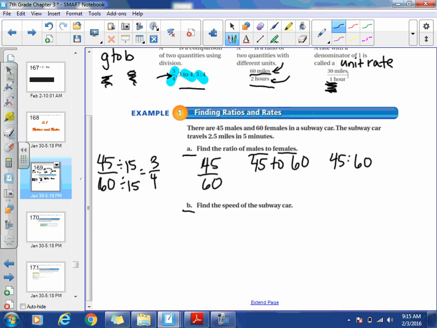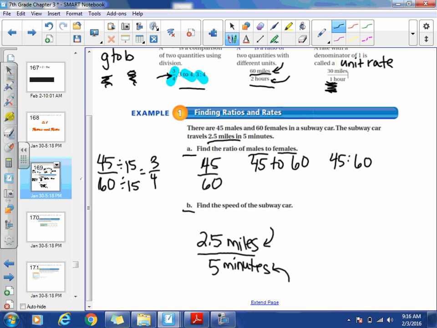Part B, find the speed of the subway car. Okay, so we know the subway car travels 2.5 miles in 5 minutes. That is a ratio because it's comparing two quantities, but it is also a rate because the top units are measuring distance, the bottom units are measuring something different. They're measuring time.